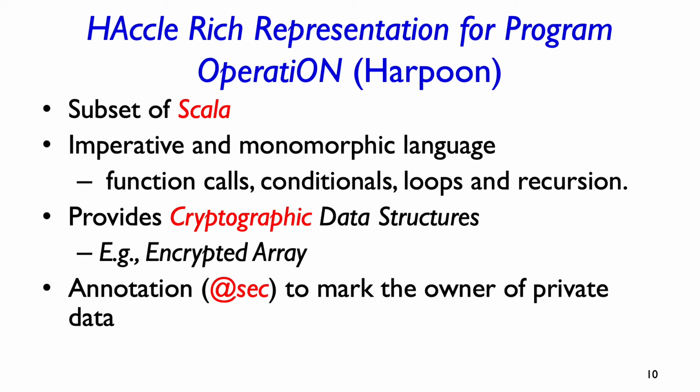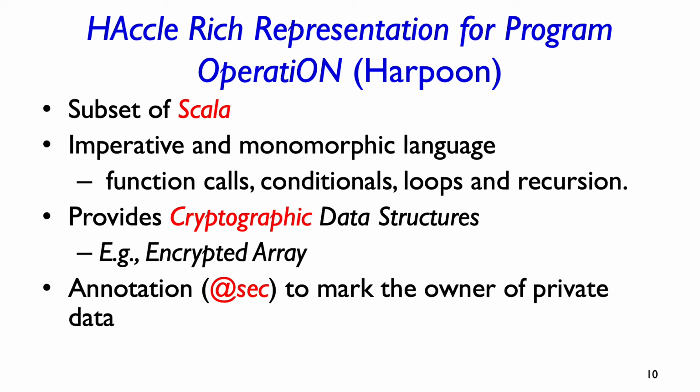Later we will see that when we lower them, functions will get inlined, loops and recursions get unrolled, conditionals get lowered to a selection logic akin to a mux in hardware. Harpoon also provides cryptographic data structures such as encrypted arrays. Encrypted arrays are further lowered down the pipeline to suitable selection logic to maintain data obliviousness. We'll look into this later. Harpoon provides annotation to the ownership of a piece of data.